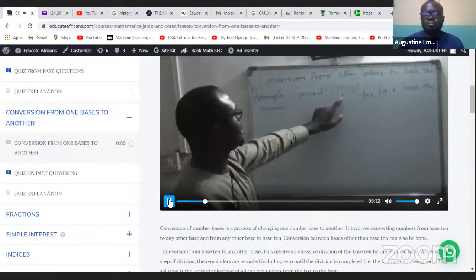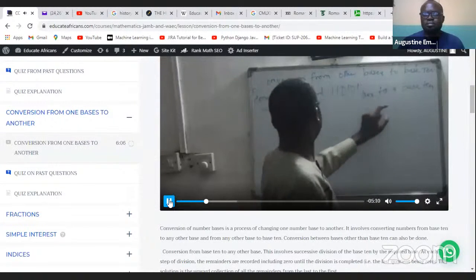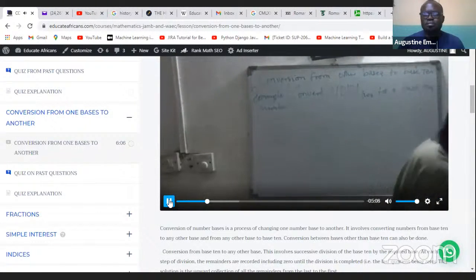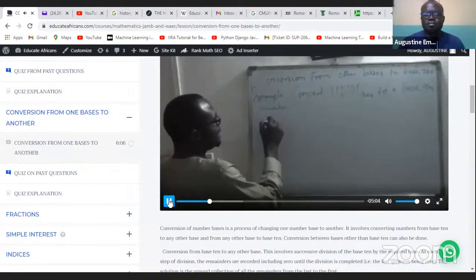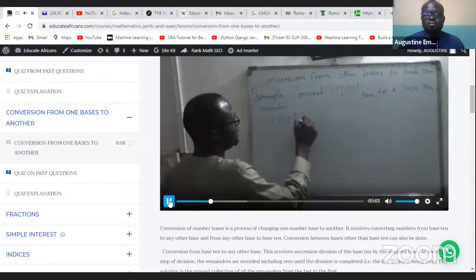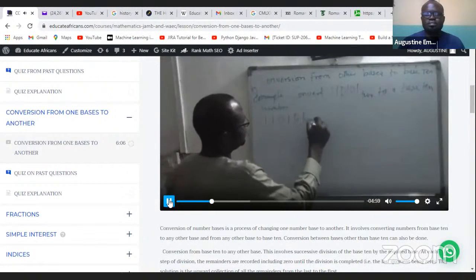Convert 110101 base 2 to a base 10 number. So how do we do this? First of all, we write 110101 in base 2. What is the command?